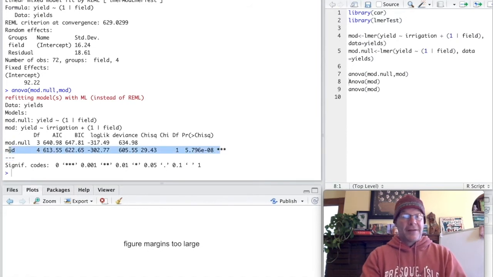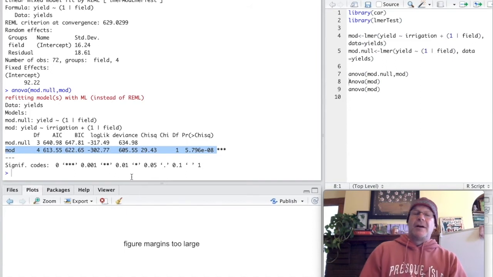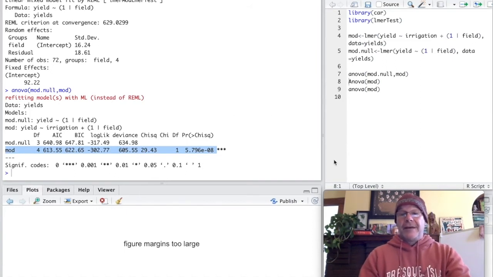And what that's telling us is that the full model is the superior model. That is a way to say that irrigation is significant. It's appropriate for us to model our data using irrigation as an effect.